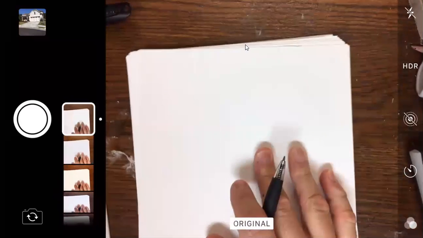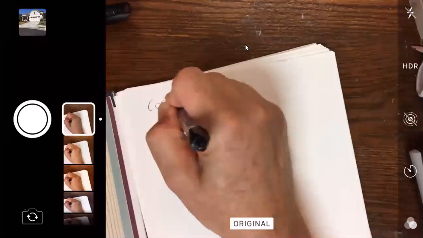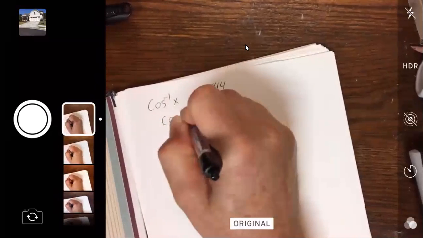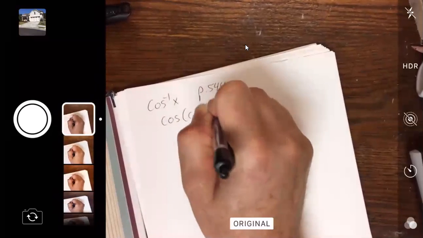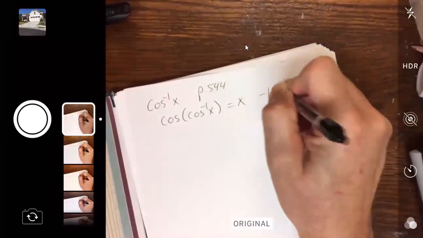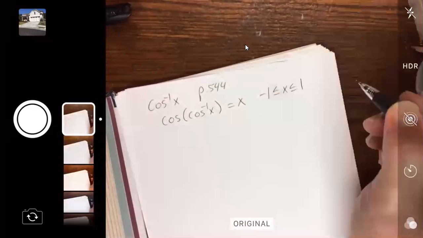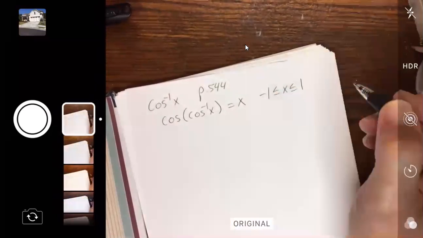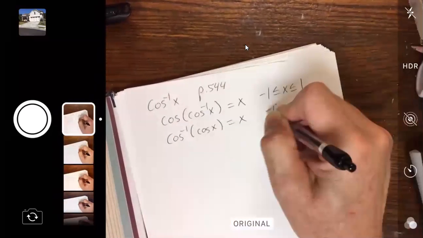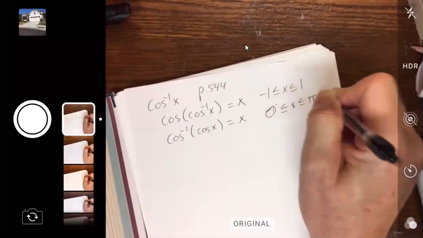I won't go through all of the details, but they do arc cosine, page 544. Cosine of arc cosine of x equals x, for x between -1 and 1. And arc cosine of cosine x equals x, for x between 0 and pi.